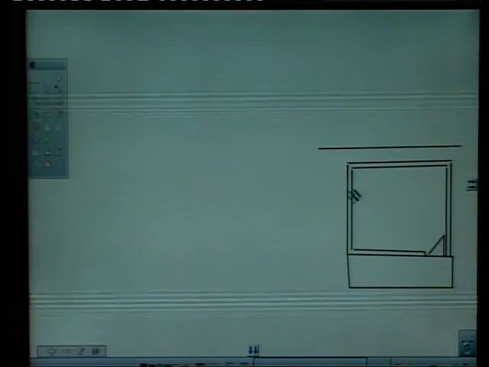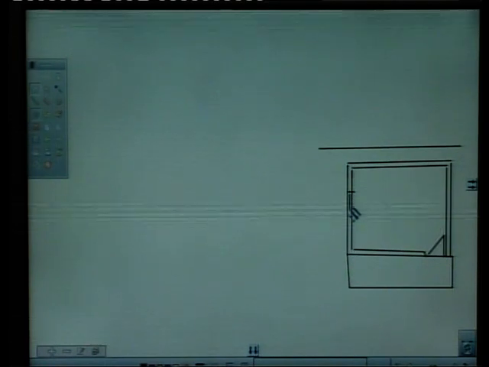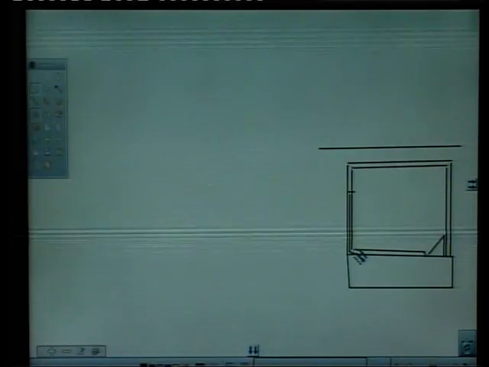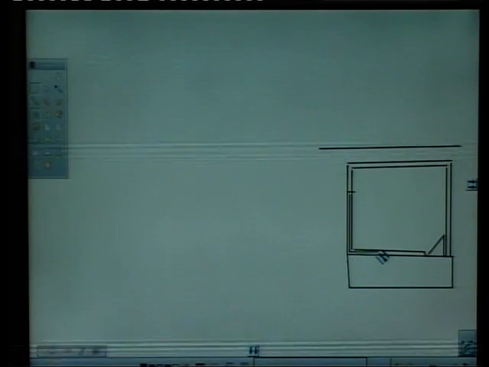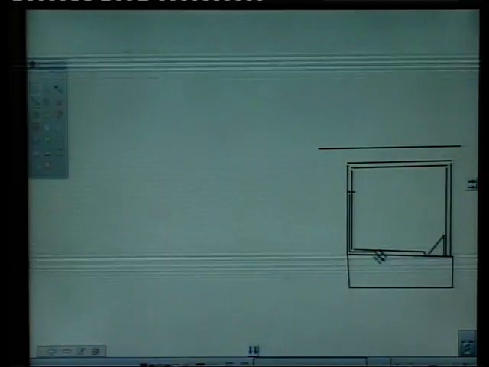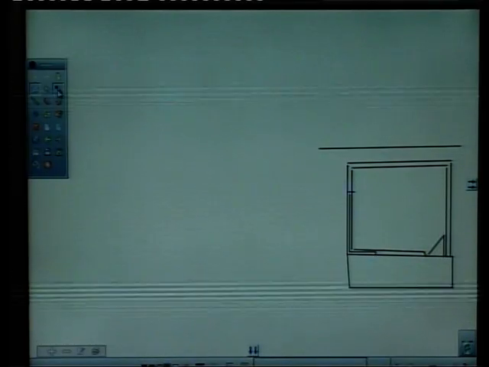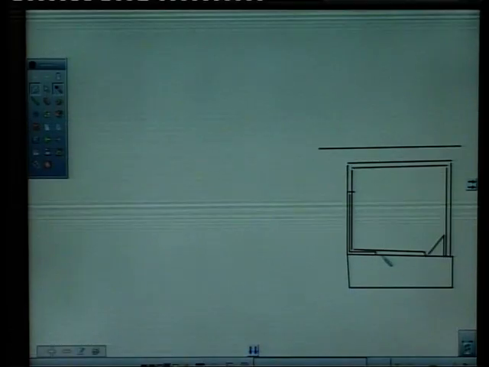Here we have a window like something like this, and say here we have a counter.